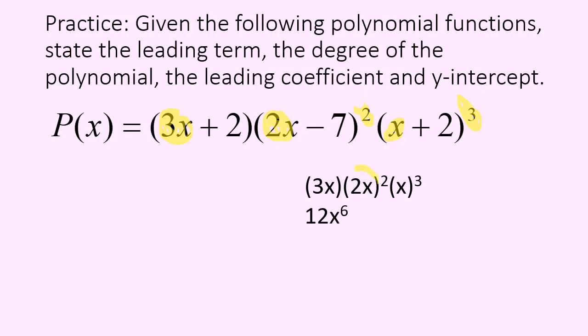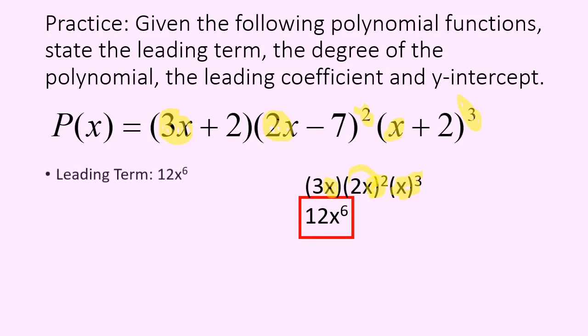Remember, when you square this, you're going to get 2 squared, which is 4. So for all the constant values, we have 3 times 4 is 12. For the x's, you can count them: 1, 2, 3, 4, 5, 6 x's. So that's 12x to the 6. Basically, you're adding up all the exponents: 1 plus 2 plus 3 is 6.